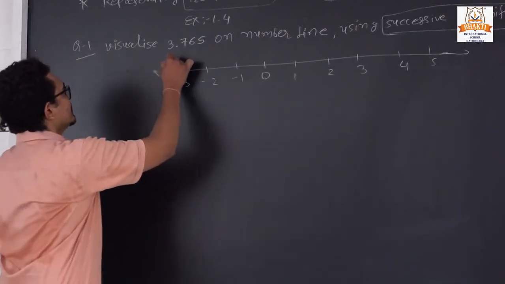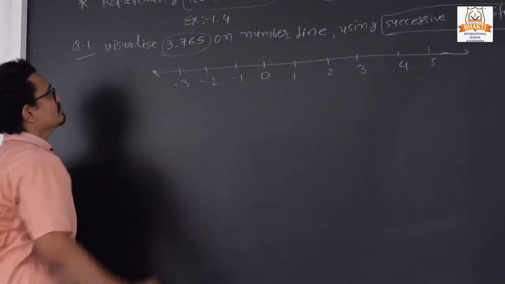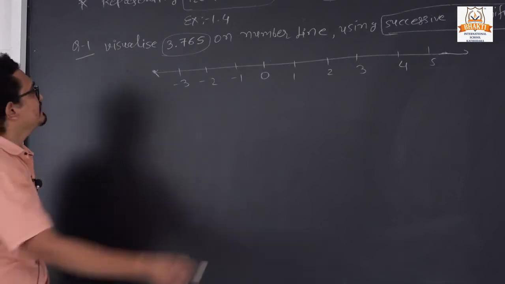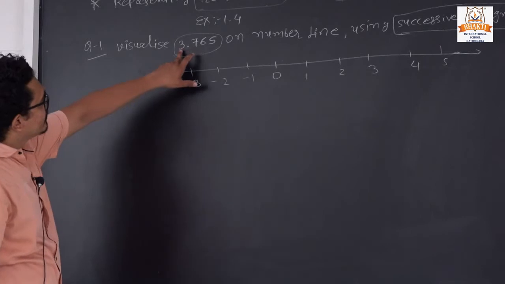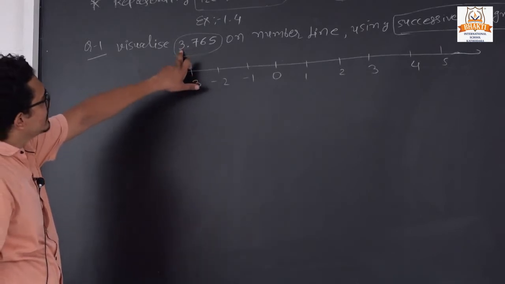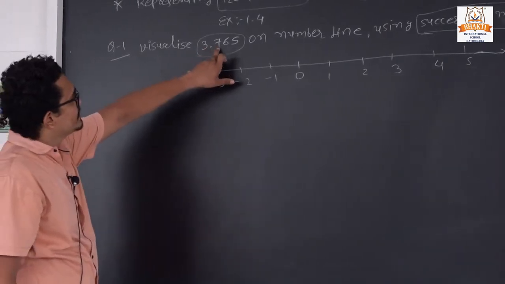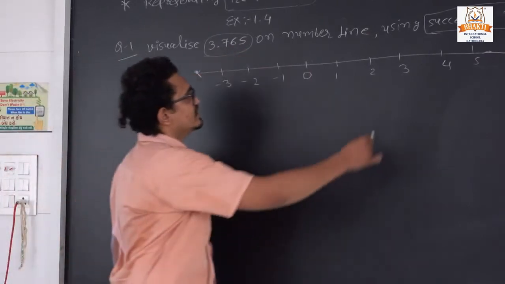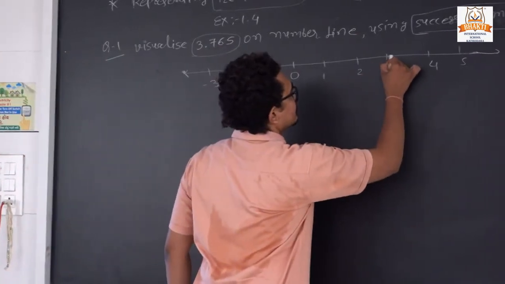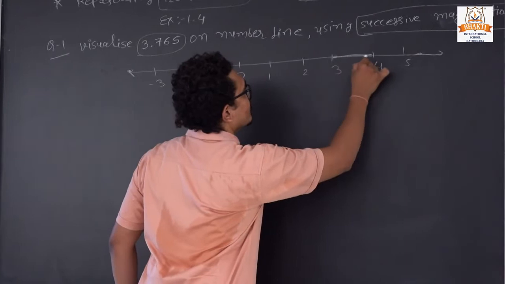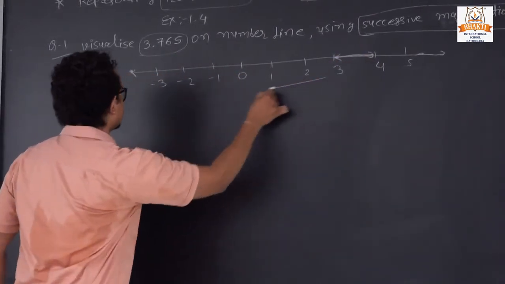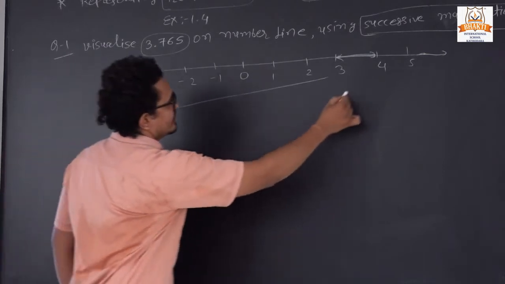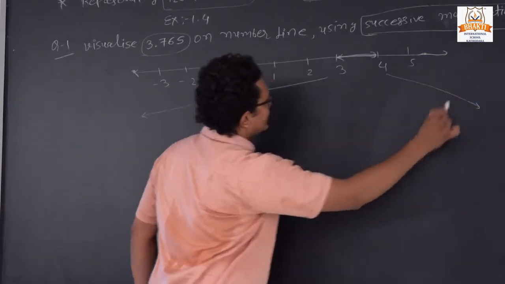Now you can see which number we want to represent on that number line. It will be 3.765. From that you can easily see that 3.765 is between 3 and 4. We can visualize it.